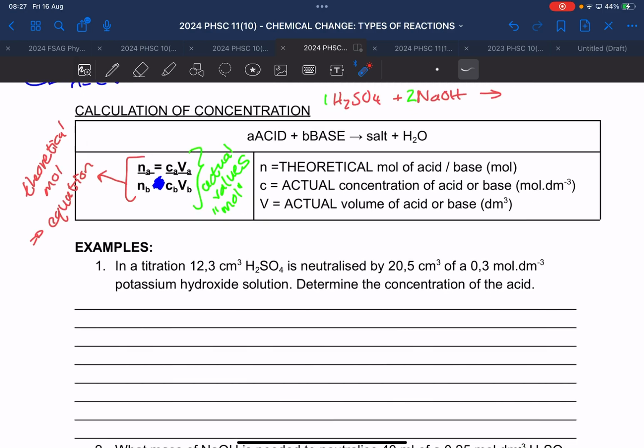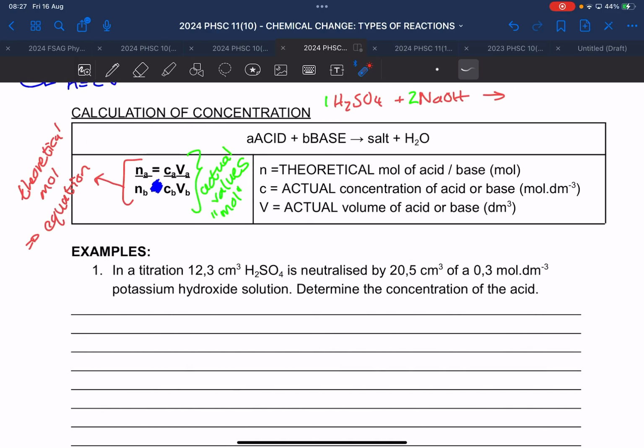It says, in a titration, is neutralized. Now, if I say acid, you say? If I say base, you say? Hydroxide ion.